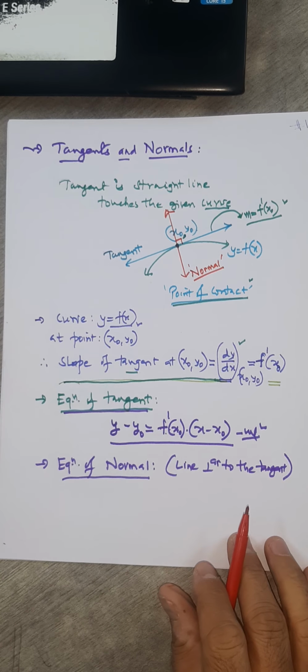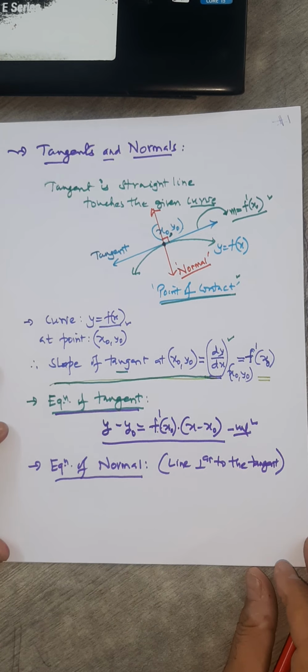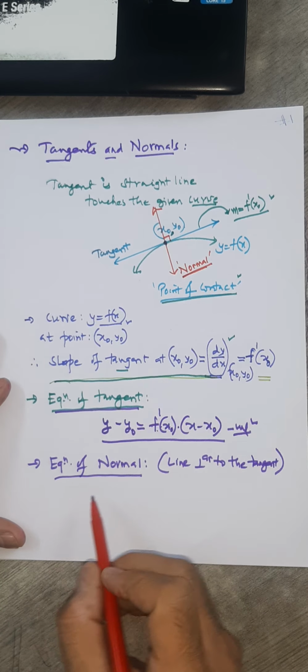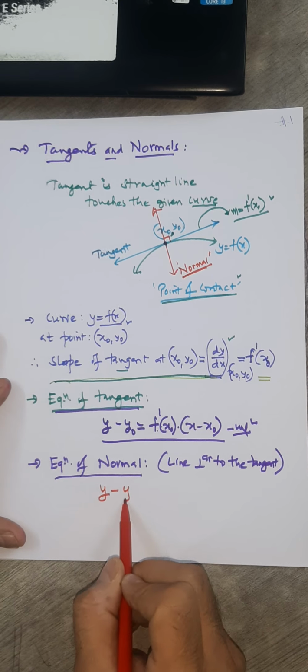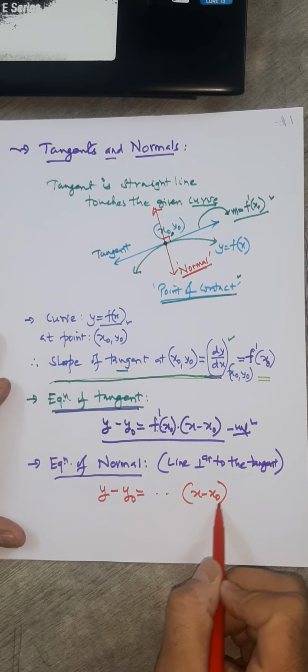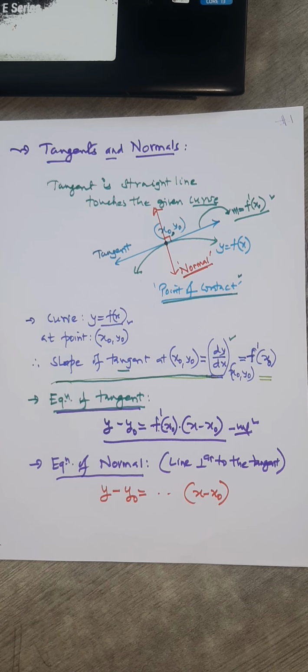So now we want to write the equation of the normal. What is the normal? A line perpendicular to the tangent at the point of contact. Again it is a straight line passing through x0 comma y0. So y minus y0 equals slope into x minus x0. Can you suggest the slope of the normal? You need to recall coordinate geometry. These two lines are perpendicular to each other, so which condition are you going to use?